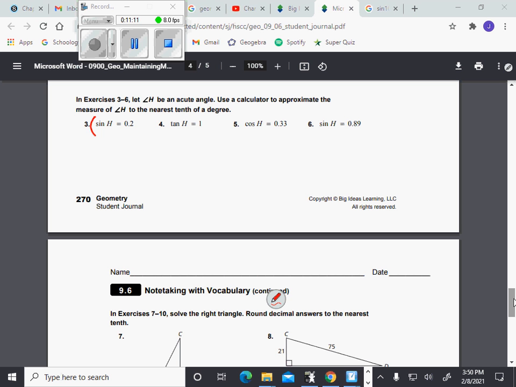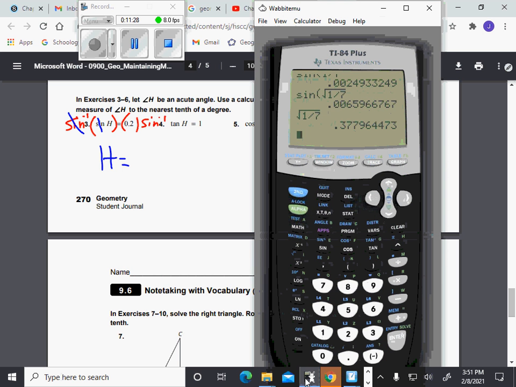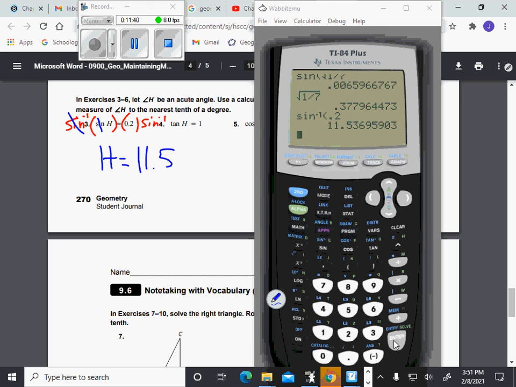Well, we multiply this side by the sine inverse. Okay, our sines cancel. We're left with H is equal to the inverse sine of 0.2, which we type into our calculator, and that equals 11.5. So H is equal to 11.5 degrees.